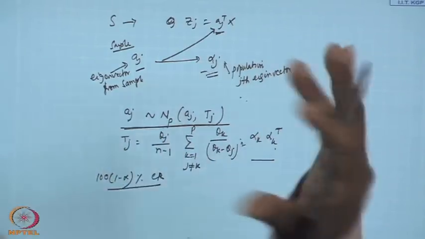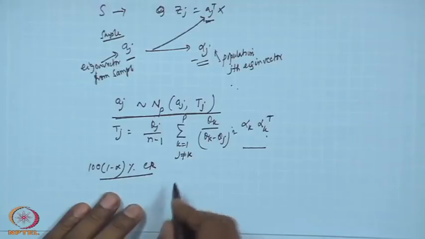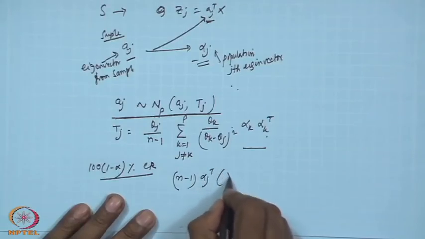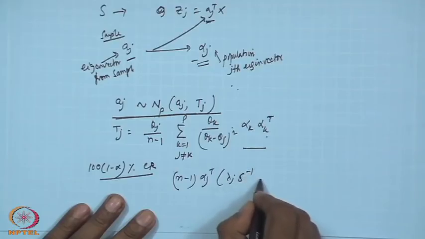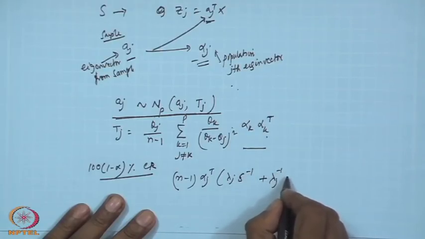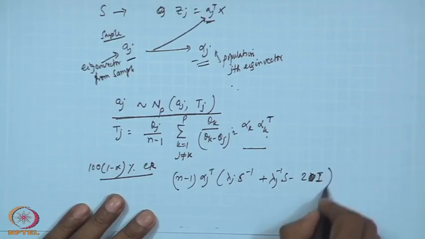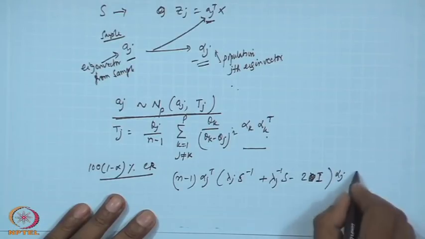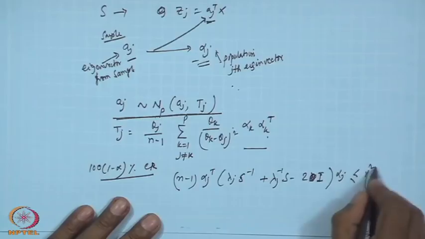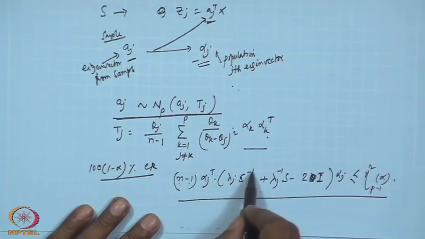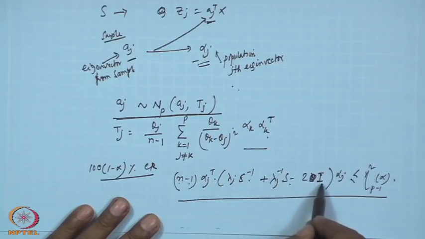Because it is a p variable case, you will be getting the confidence region, and that confidence region takes this form: n minus 1 times alpha j transpose (lambda j S inverse plus lambda j inverse S minus 2I) times alpha j follows chi square p minus 1 with alpha.